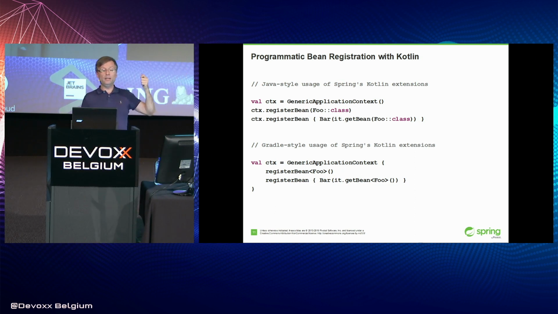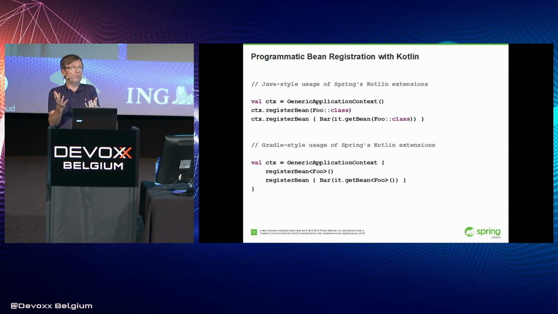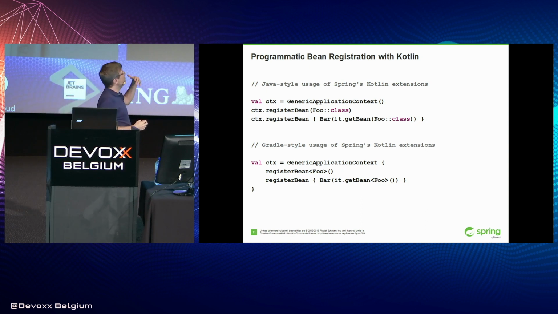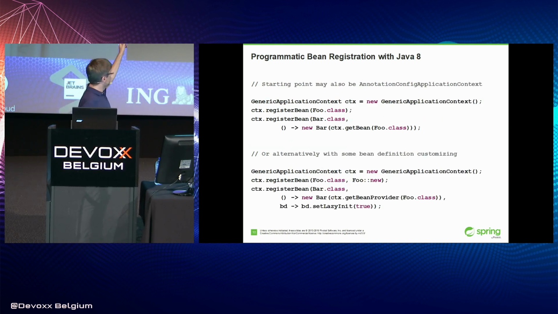It's noticeable here that this is more concise, simply because the Kotlin language is more expressive. There's no need here to repeat yourself for information like the Bar.class before, where you say it's Bar.class and here's an instance supplier of Bar.